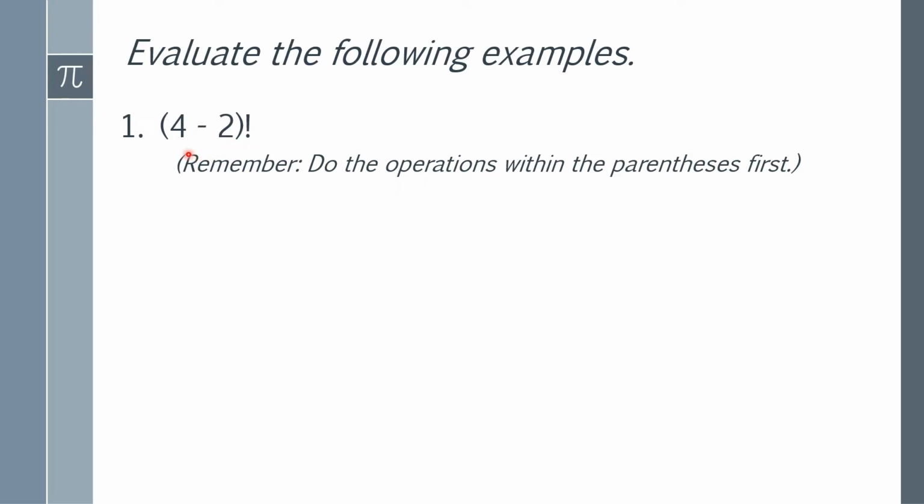And that is 4 minus 2, which will give us 2. And then we will just copy the factorial. So we have now 2 factorial. Then based on the definition, 2 factorial is just 2 times 1. And 2 times 1 is 2. And that is our answer for number 1.